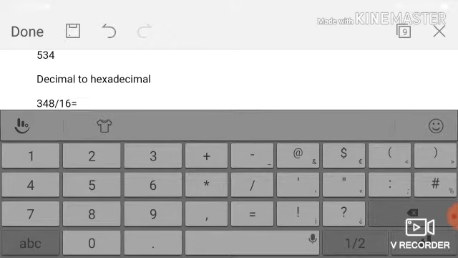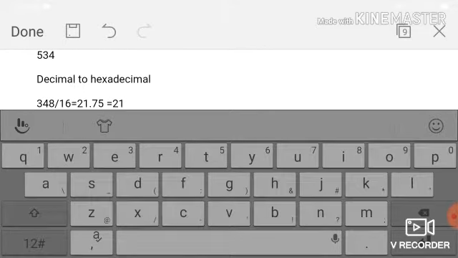So 348 divided by 16 is equal to 21.75, or equal to 21, remainder 12.